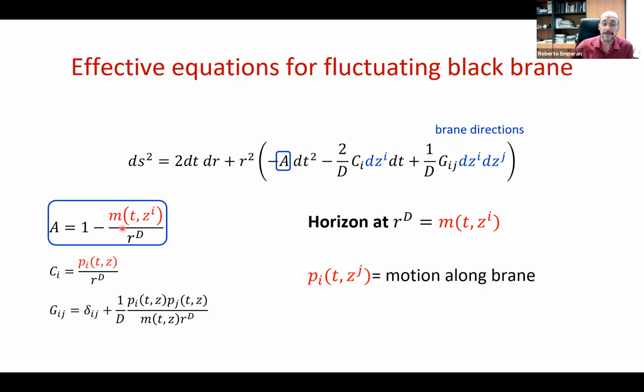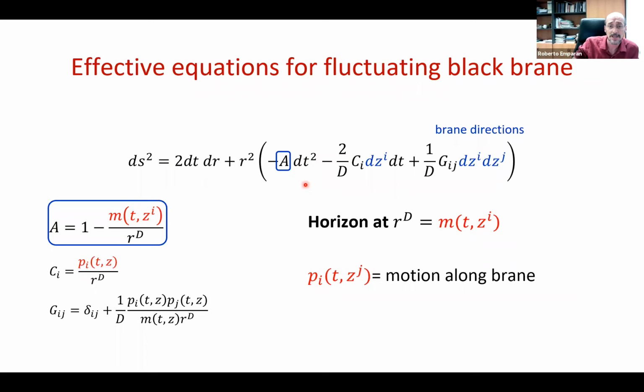So the R direction, this is what we're integrating. We solve the equations and determine that the R dependence for this ansatz for the metric is of this kind. Now, these equations depend on functions in the metric that are now functions of time and the directions along the brane.